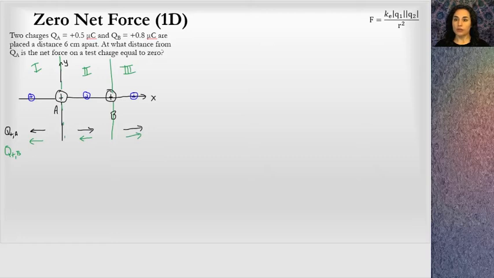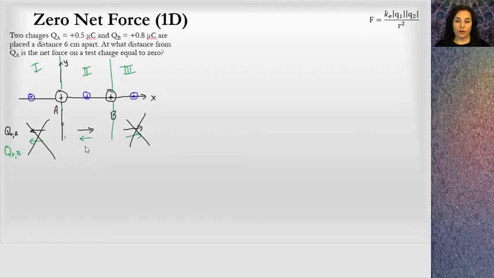And so you can very quickly see how this vector diagram is giving us the tools to be able to determine where along that x-axis the net force could be 0. It cannot be 0 in this region because they add together, and it cannot be 0 in this region because they add together. It has to be in between.